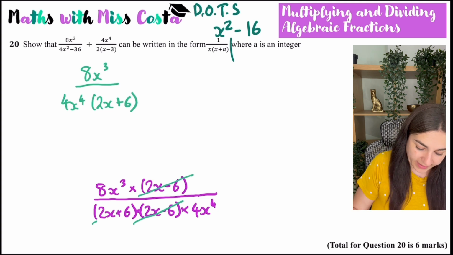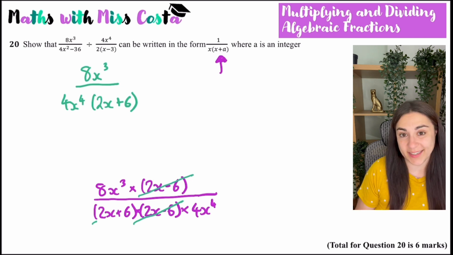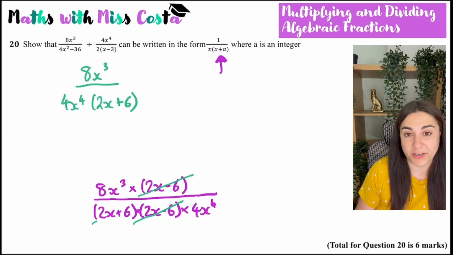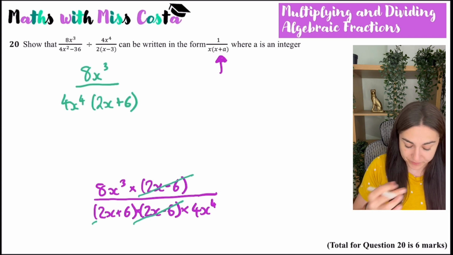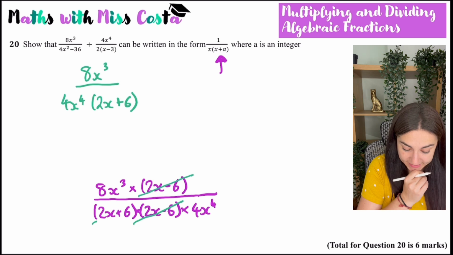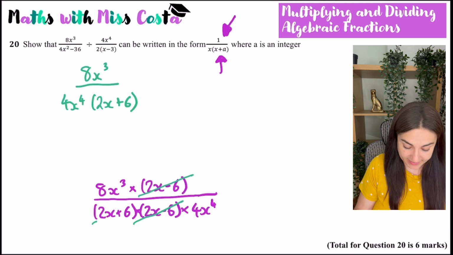Now, there is a little bit of a hint over here. I know that I'm going to eventually divide, I want my numerator to be essentially divided by 8x cubed. So because I want it to be 1, the only way to get 1 is to divide 8x cubed by 8x cubed.